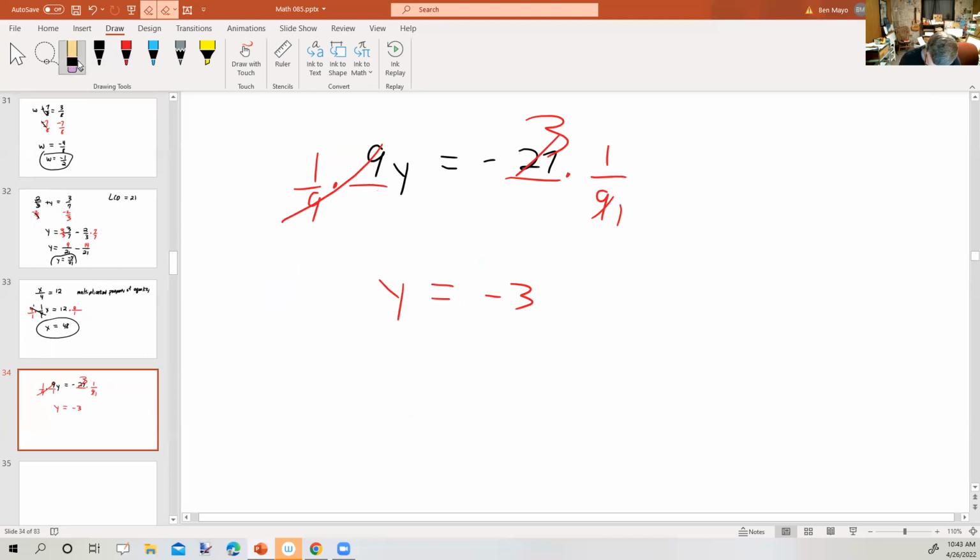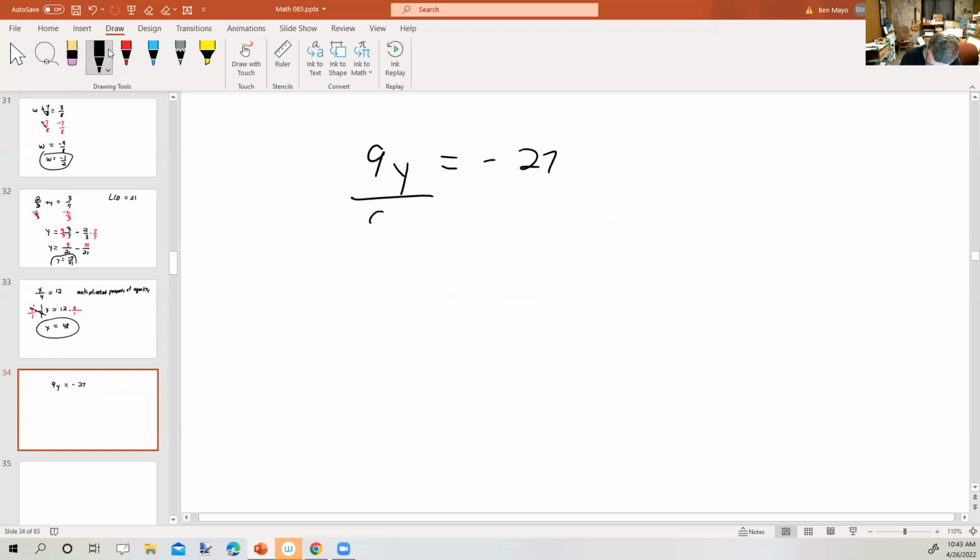However, that's the same thing as just dividing by 9. So again, under the multiplication property of equality, we can multiply both sides or divide both sides of an equation by the same non-zero number. In this case, y equals -3. Any questions about that example?